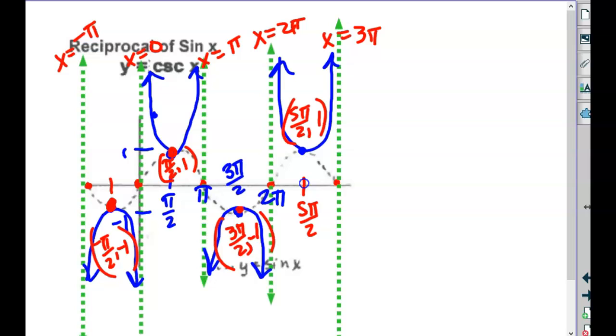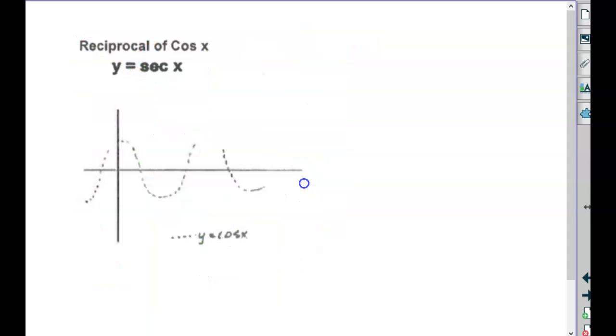Sine and cosine are just shifts of each other, yes? So therefore, secant and cosecant are also just shifts of each other. Guys, the deal is you would graph the cosine graph first, and then everywhere that it hit 0, what are you going to do? You're going to put an asymptote.